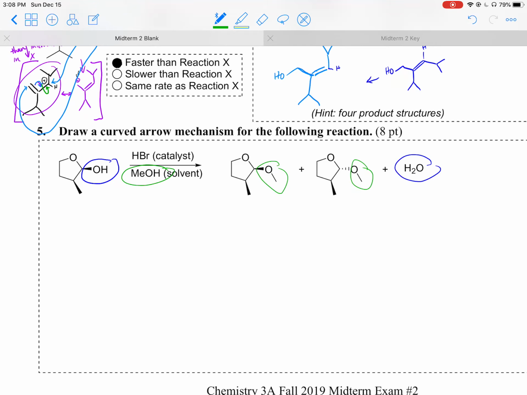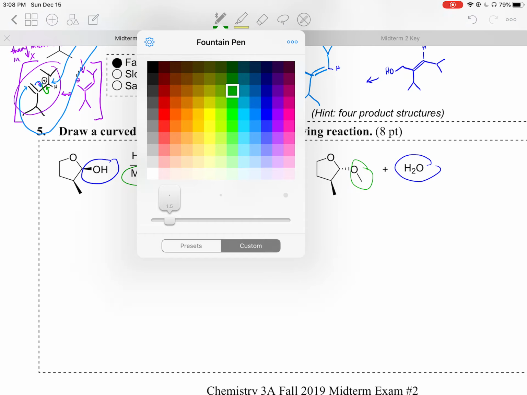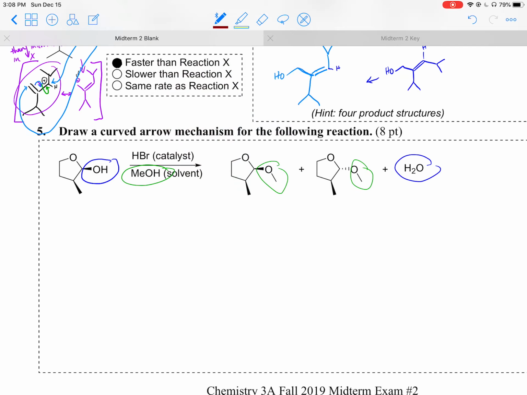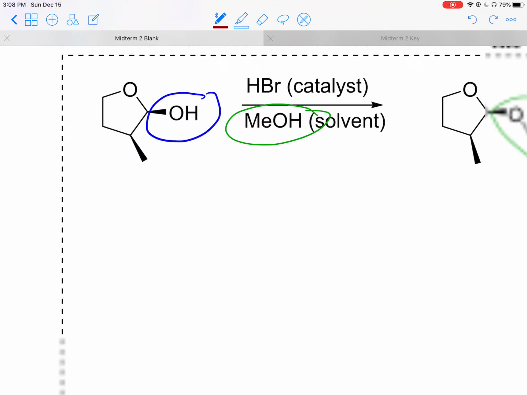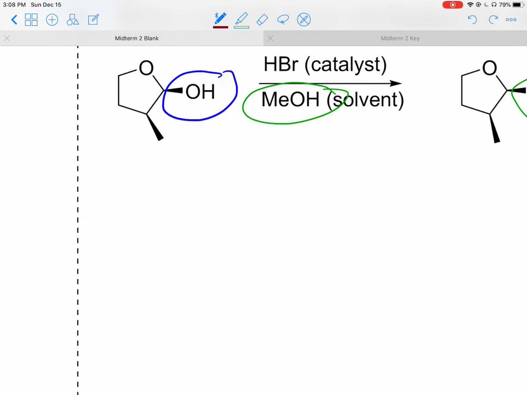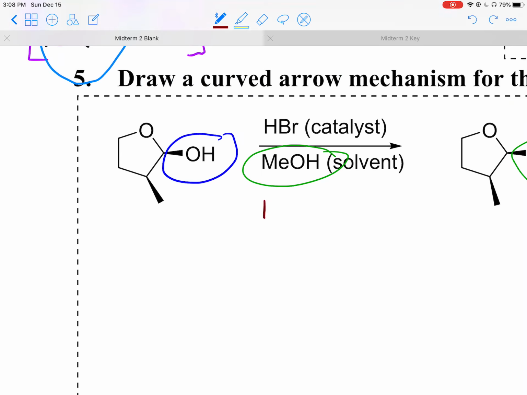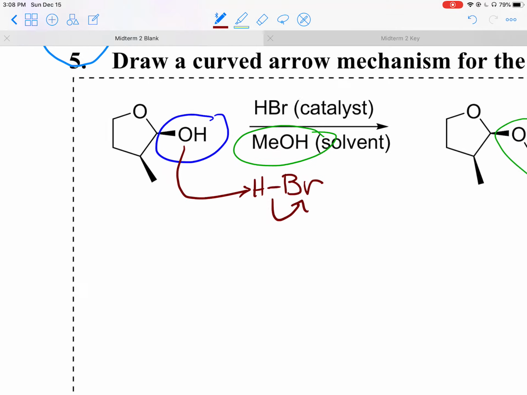So let's have an acid-base step first that will make the leaving group a better leaving group, right? Because OH is an okay leaving group sometimes maybe, but it's better if it's a water. So let's draw out this catalyst HBr, and the bond will break between the hydrogen and the bromine, and the oxygen will snatch up that hydrogen.